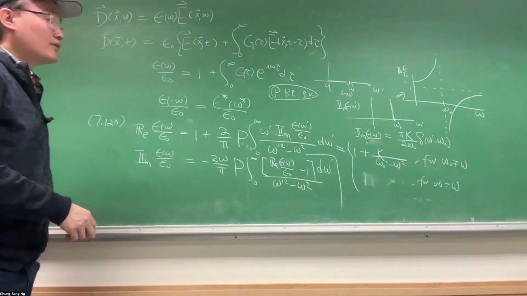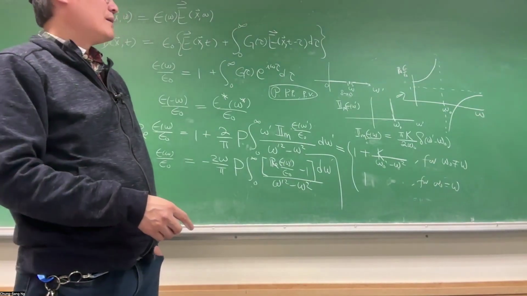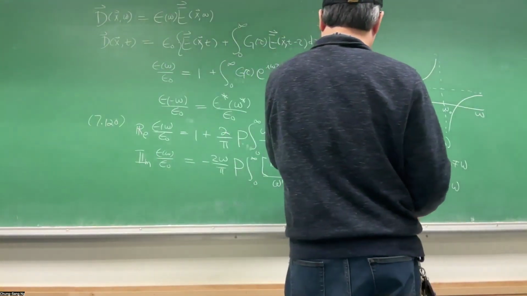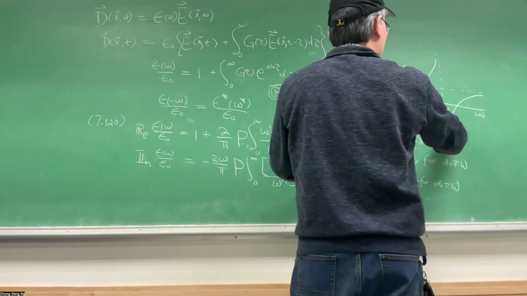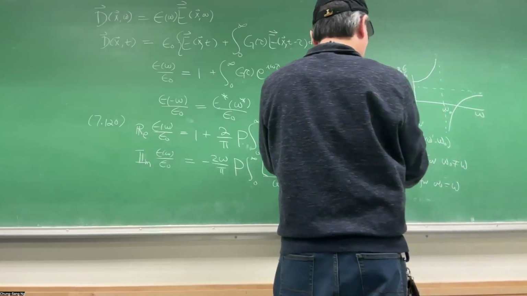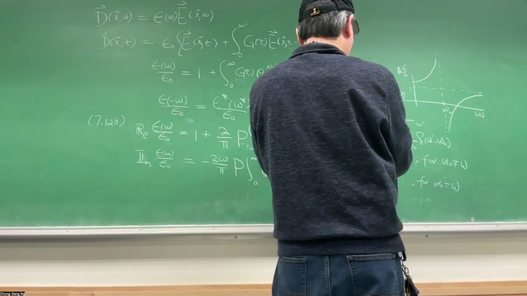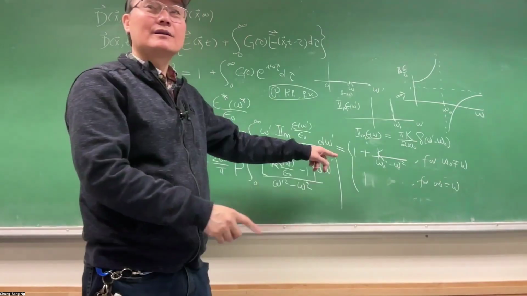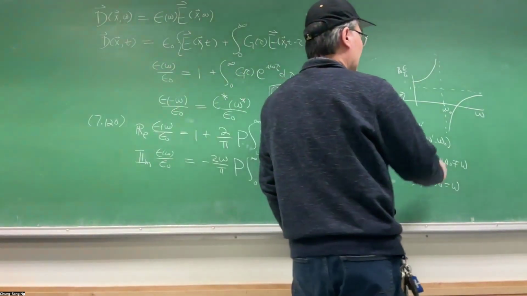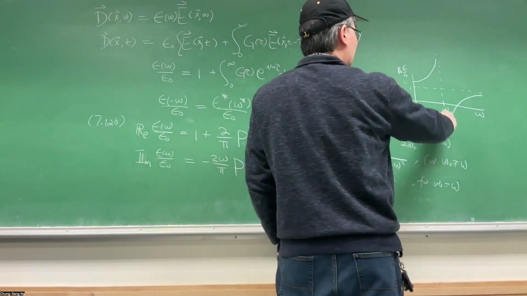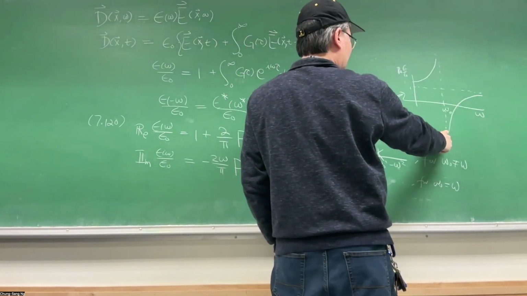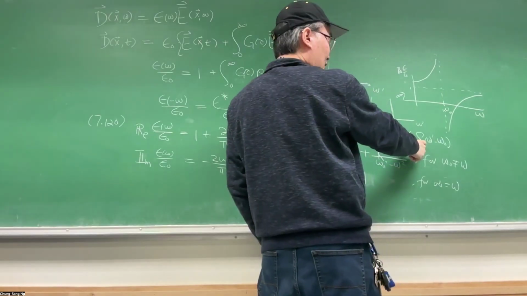This is divided by epsilon 0. So as omega goes to infinity, this is 0, so it gets back to 1. And obviously this is singular, and this is unphysical because the delta function is singular.